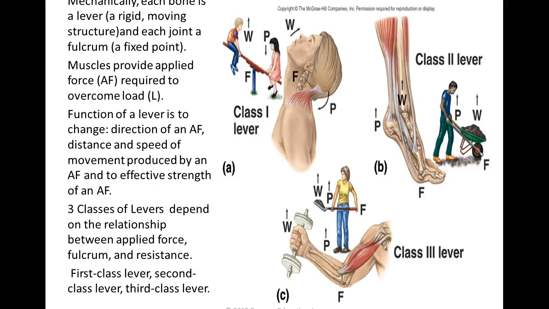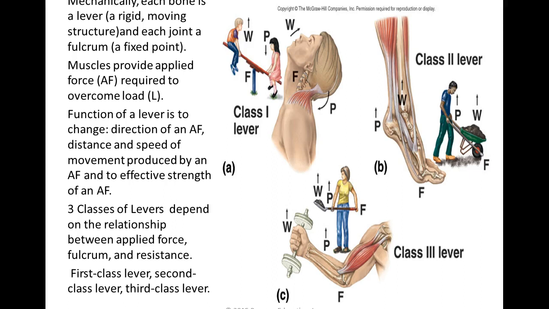All right. Then the next thing, and shoot, I thought for sure I didn't have anything cut off. What it says at the top is mechanically each bone is a lever. So mechanically each bone is a lever. Our definition here of a lever is a rigid moving structure.